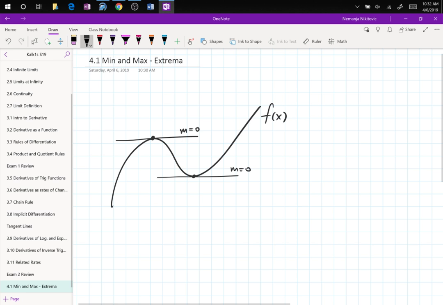Now that occurs when you have a max and a min. Just leave some space between min and the line. We'll fill in the blanks.